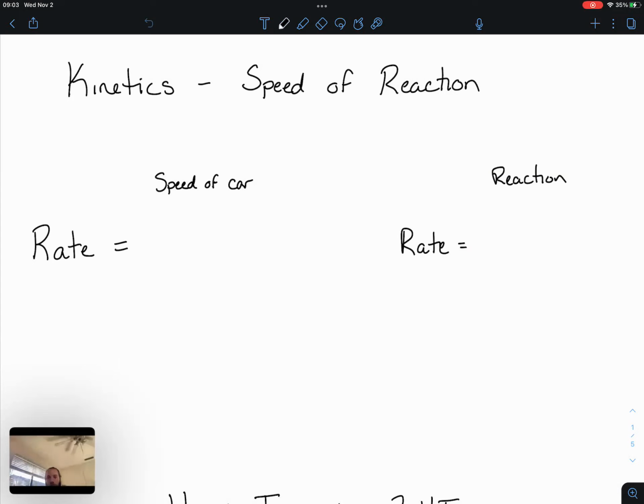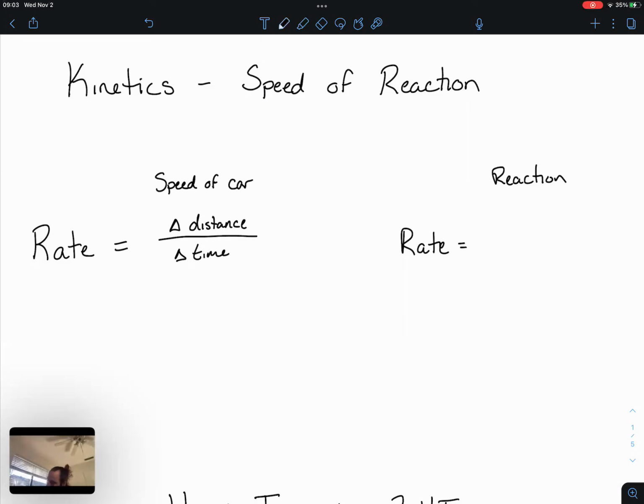When we're talking about the speed of that car, we're talking about the rate that it travels. For our vehicles, we measure this in miles per hour, and that is the change in distance that's covered in a given period of time. That's what your car is measuring when it's measuring your speed: how much distance you are traveling in a given period of time.